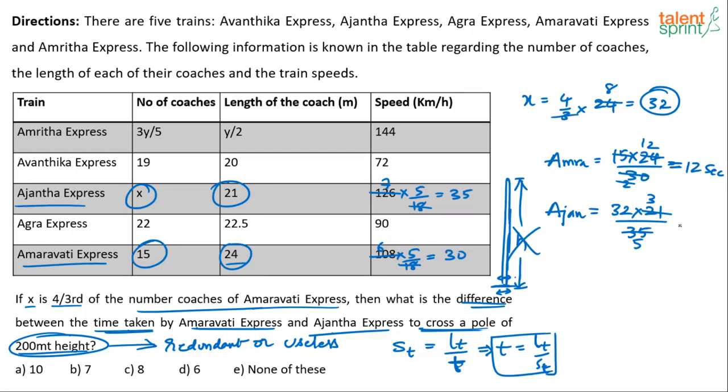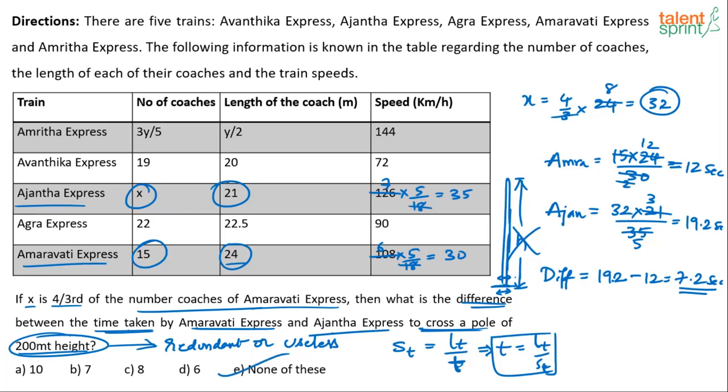How much is 96 by 5? 19.2. So 19.2 seconds. The difference is going to be 19.2 minus 12, which is 7.2 seconds. 7.2 seconds is option 5. Did he ask for approximate? No. He's saying what is the difference between the time taken? I would mark option 5, none of this.